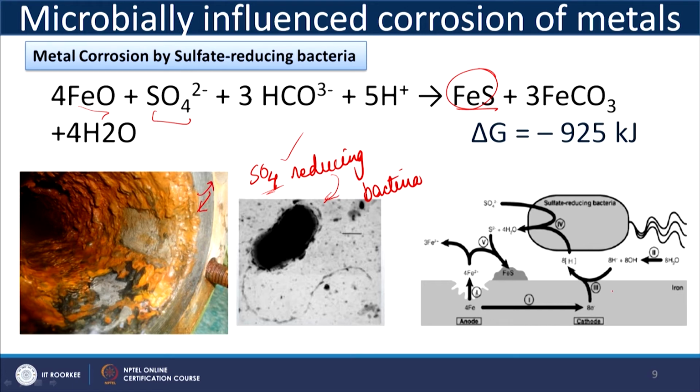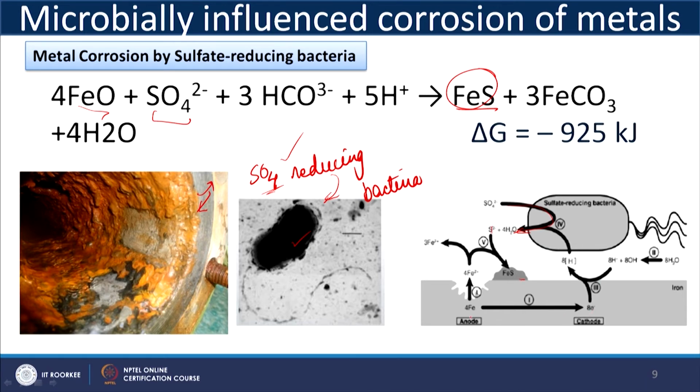Now, here is another picture where we are noticing the galvanic corrosion coupled with sulfate reduction by bacteria. So, here we have a sulfate reducing bacteria much like this one, and it is reducing sulfate into sulfide. The sulfide is forming iron sulfide, and also there is galvanic corrosion going on.